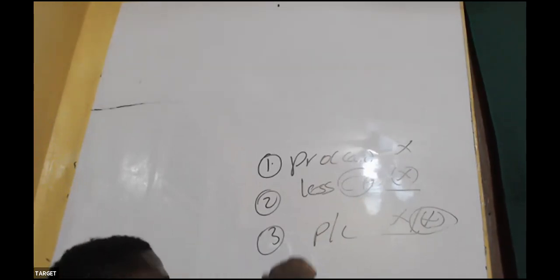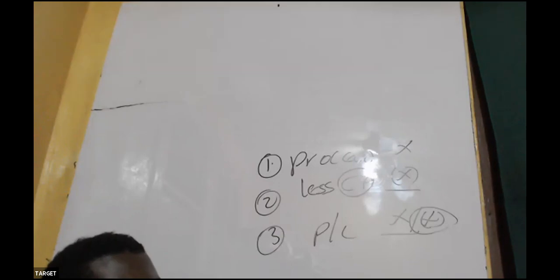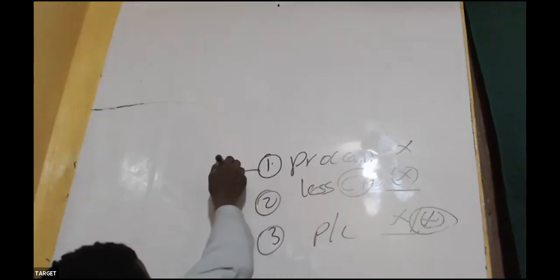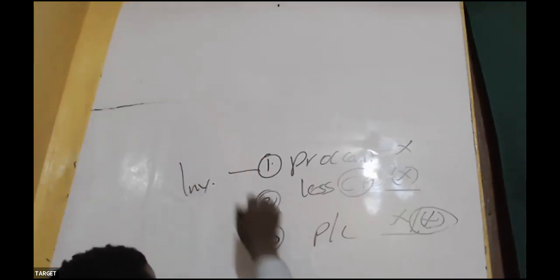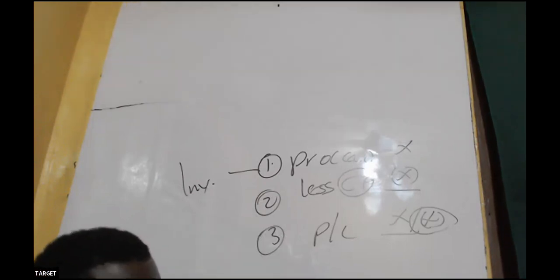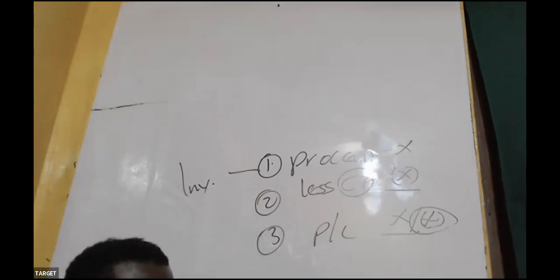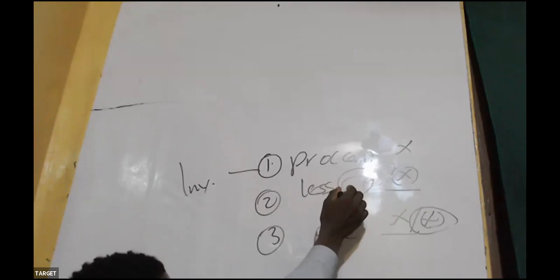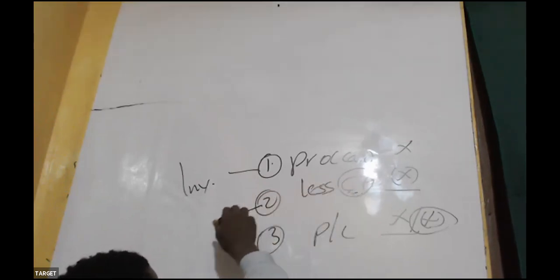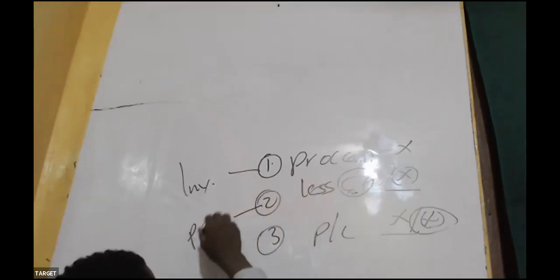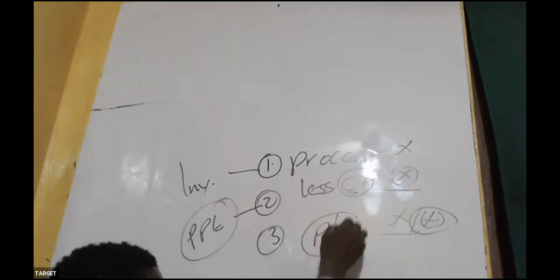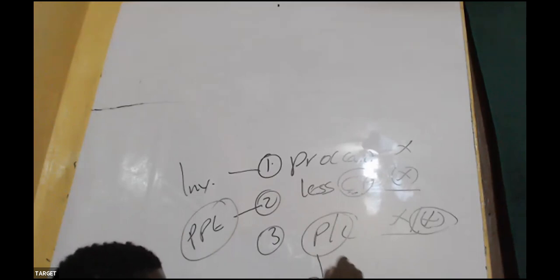Everything has a different place where we record it. Proceeds from the sale go to investment activity. The carrying amount also goes to PPE, acquisition of PPE, also investing. The profit or loss goes to operating activity.